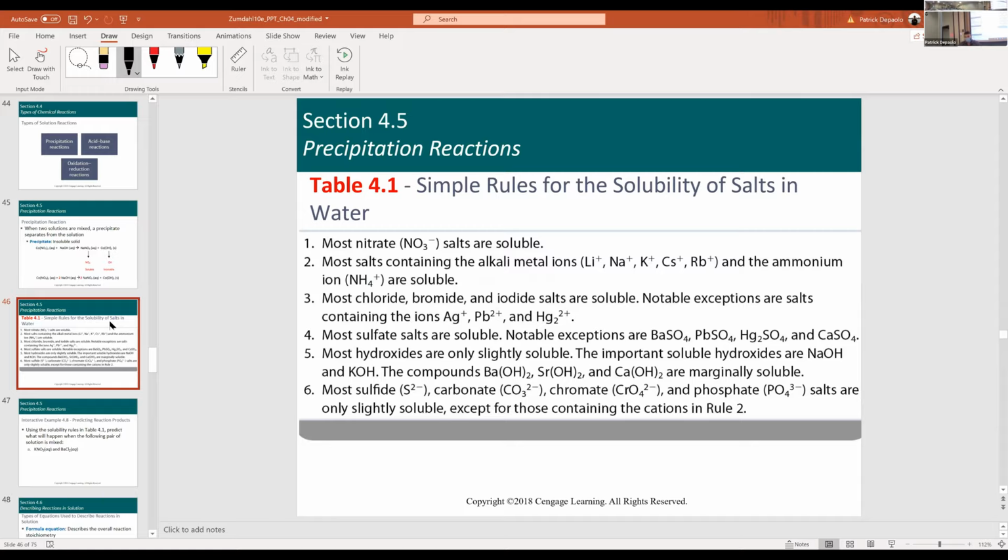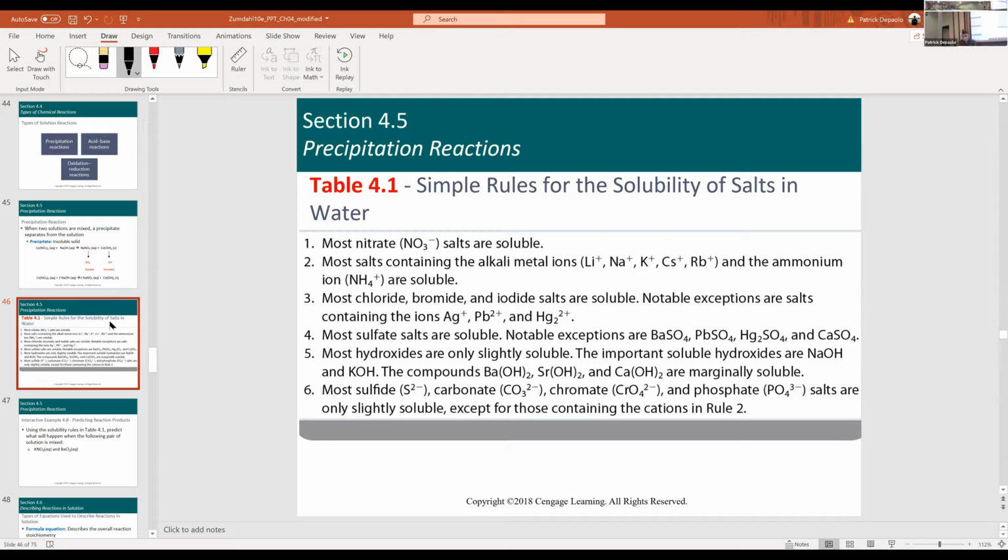Now, this may seem like a lot. We'll go through each one right now. This list is basically the rules of soluble salts in water, of what is soluble and what isn't. The rules vary from textbook to textbook, but they're all consistent. They're just in different orders. So we'll go over the first couple. This is not even that comprehensive.